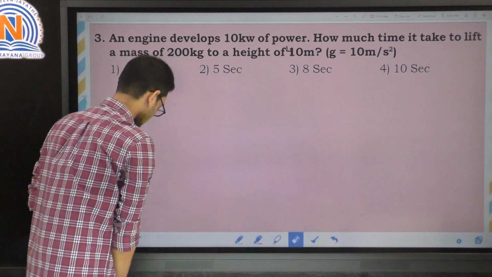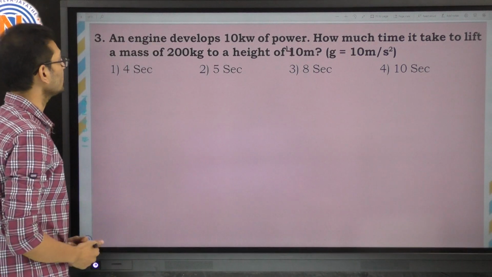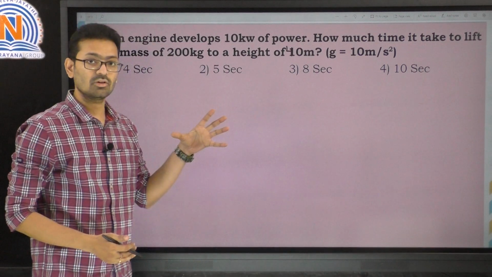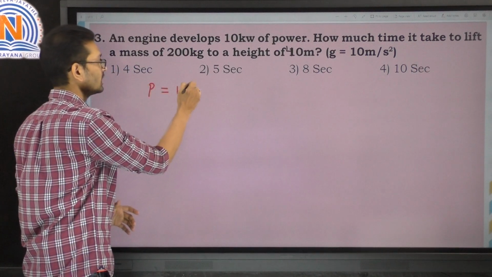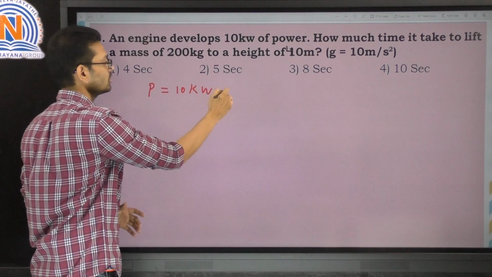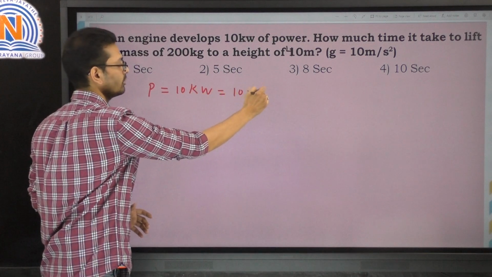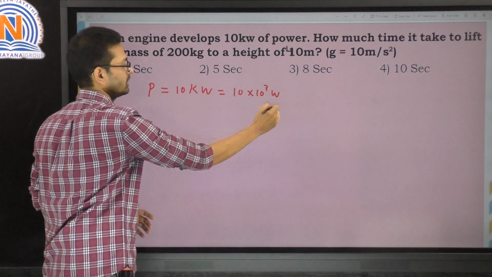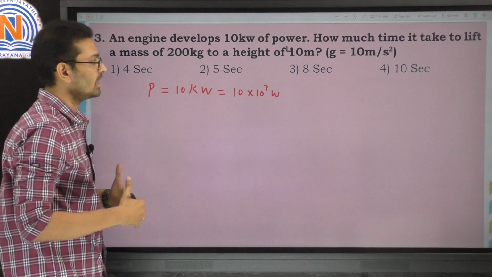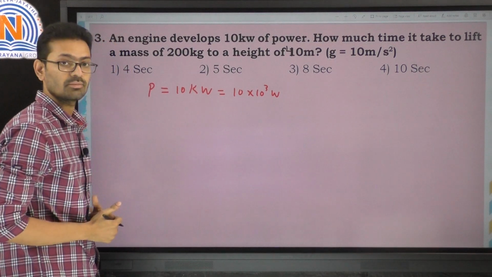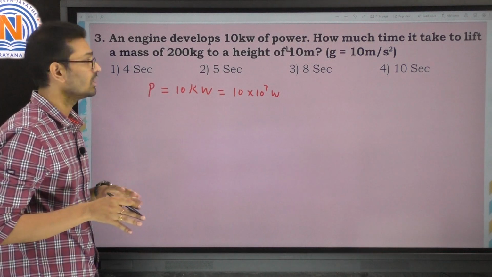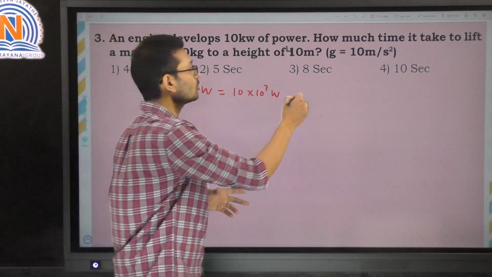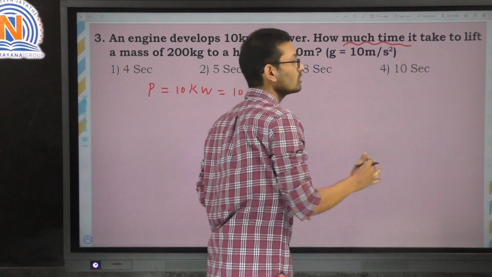Yeah, right, fine. Now here, engine develops 10 kilowatts of power. So the power is given, P is equals to 10 kilowatt, which you can write as 10 into 10 power 3 watt. Right? And how much time? Here, what he is requiring? He is not requiring mass, he is not requiring power. He is only expecting you to tell how much time is it going to take.